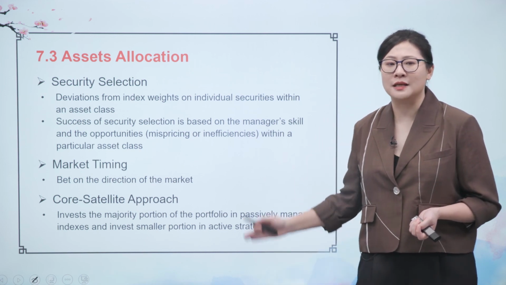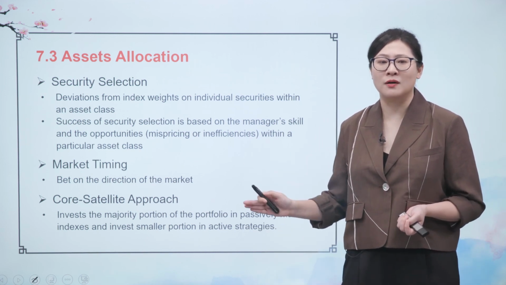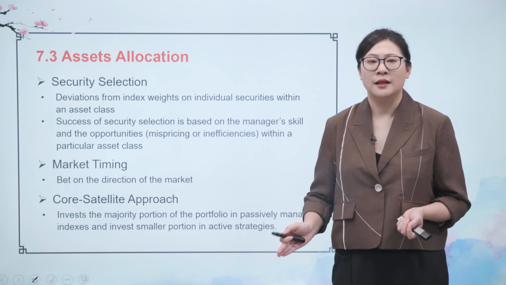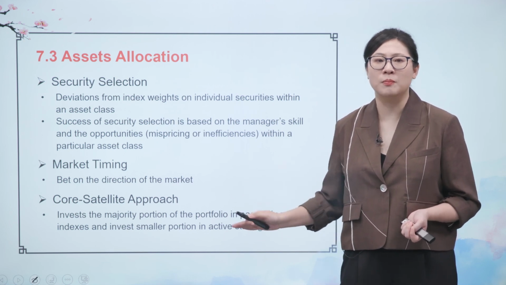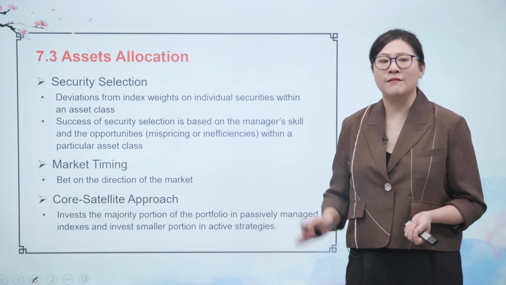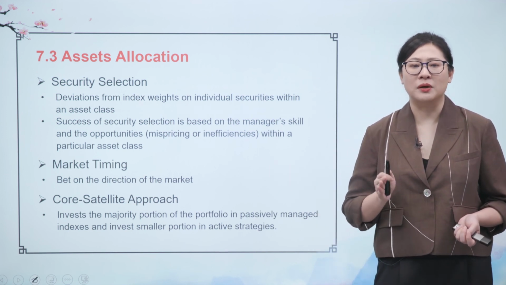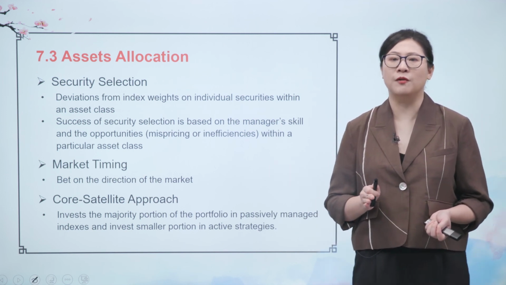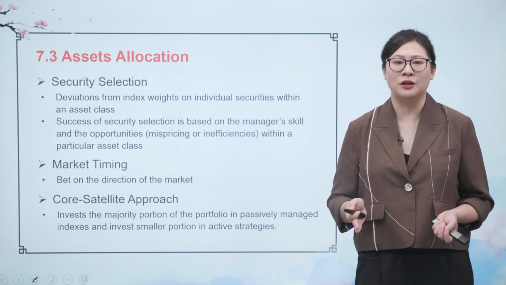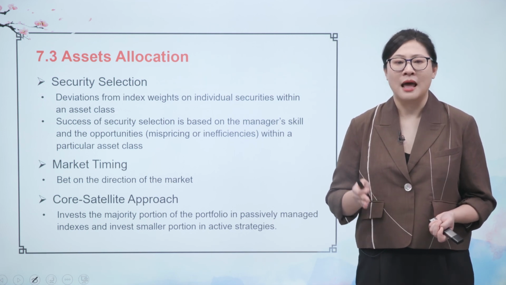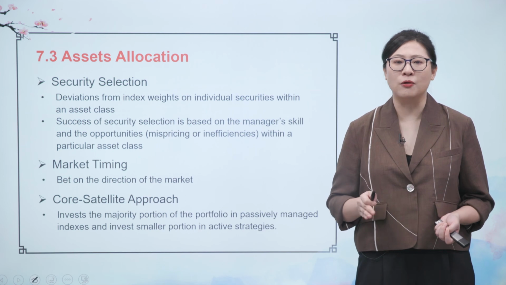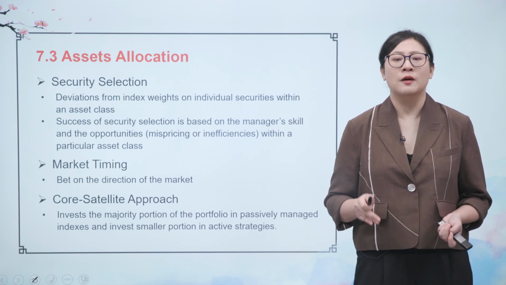And the last is what we call the core satellite approach. That's an asset allocation approach. The investor invests the majority proportion of their portfolio in passively managed indexes and invests a smaller proportion in active strategies.